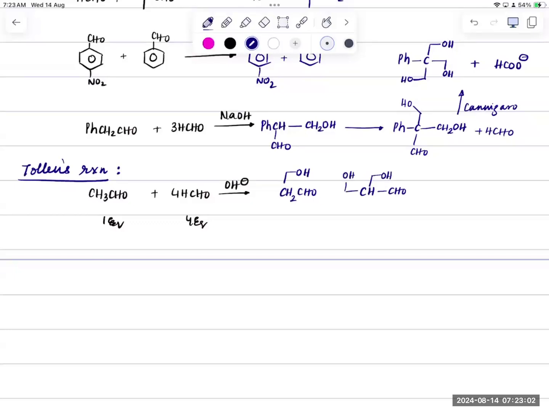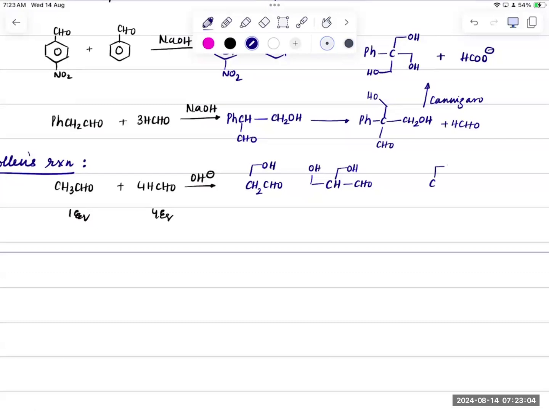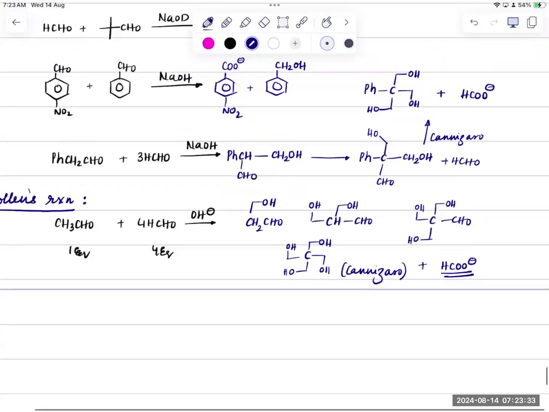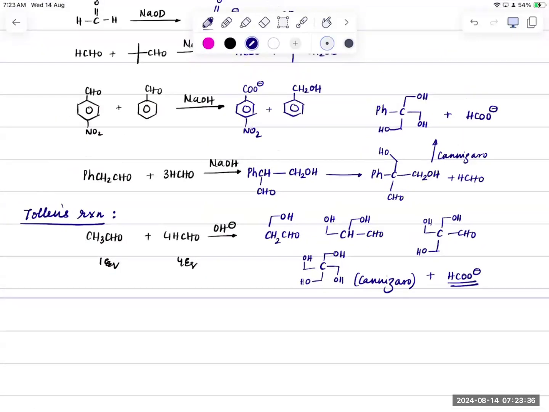This is the second mole. And then the third mole, OH, OH, and OH with CHO. And the last mole will be about OH. And this last step will be about Cannizzaro. Last one what we get is of Cannizzaro. Plus that 1 mole extra we will have is HCO minus. This is Tollens reaction.